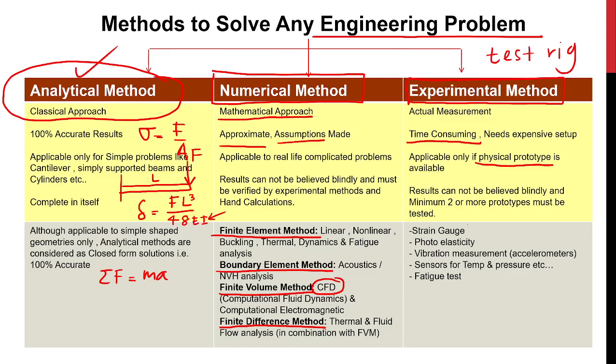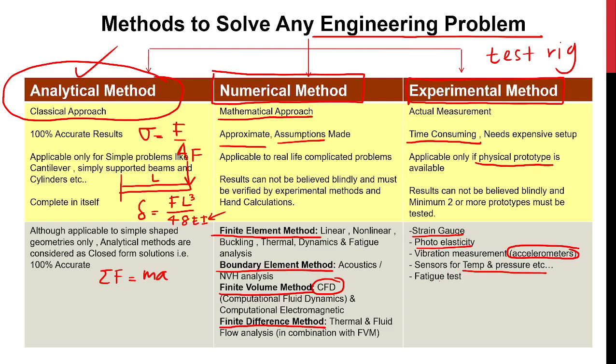You can also put devices and sensors to measure the results. For example, strain gauge. You can use photoelasticity. You can use accelerometer to measure force, acceleration, sensors for temperature, thermocouple.